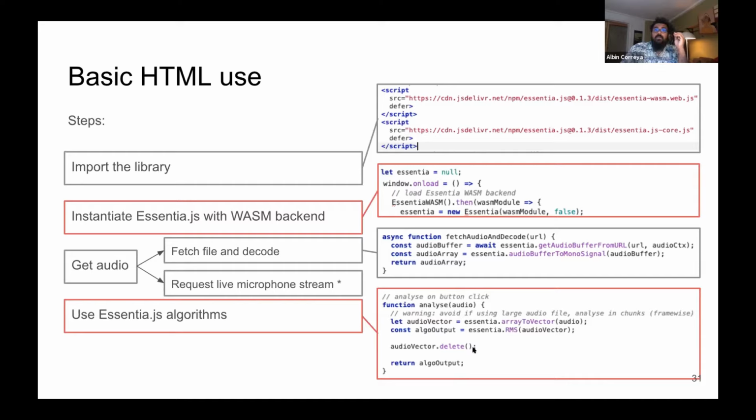And once you use it, you can manually delete the memory of vectors, since JavaScript doesn't garbage collect the C++ object. So that's more or less the steps to do it in HTML.